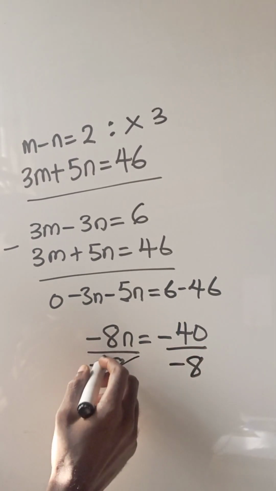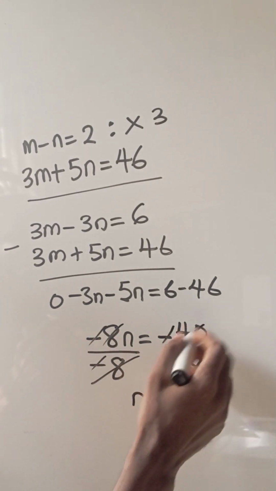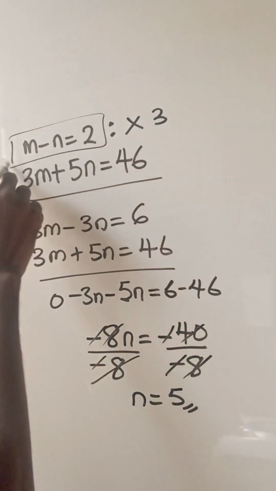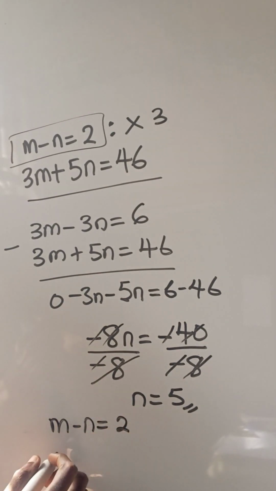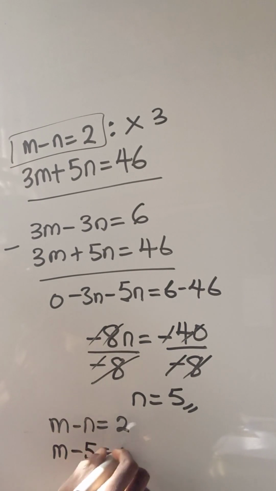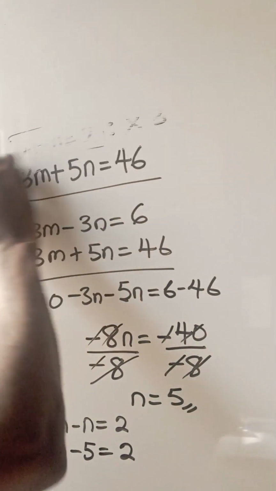Minus 8 over minus 8 cancels out, so we are left with n, and n is equal to 5. If we come back to our equation 1, we see that m minus n is equal to 2. If I substitute n as 5, we have a simple equation and can solve for m.